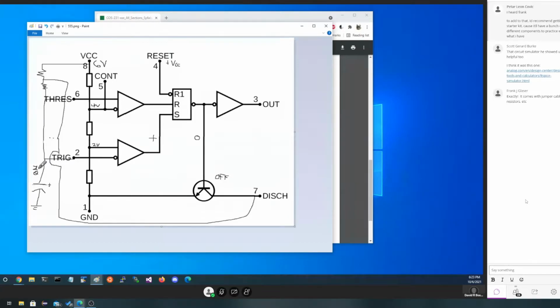Say the capacitor is charged to 2.1 volts. By the time it gets to 2.1, 2 minus 2.1 is now a negative number. Because it's negative, we release this button, but this is a latch. The value that used to be there, which was a 1 internally, a 0 externally, stays a 0. So this path stays disconnected.